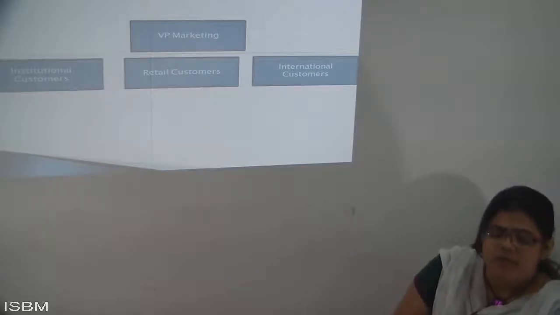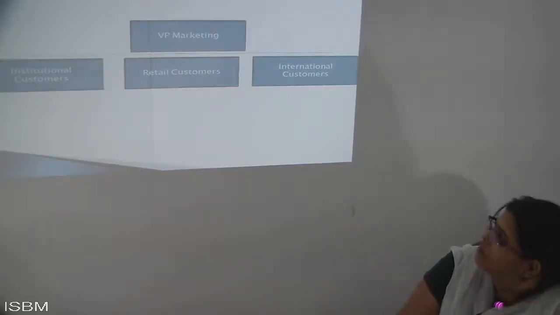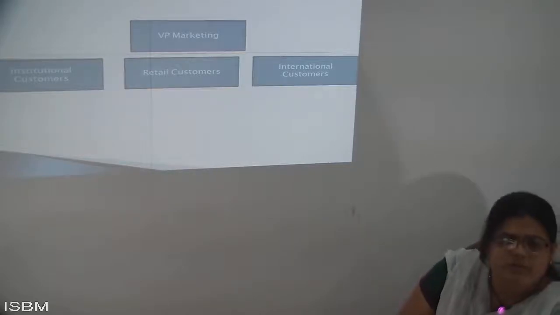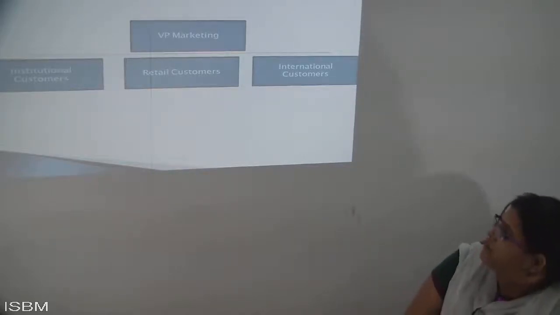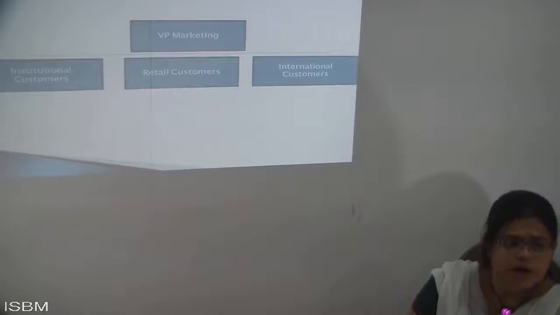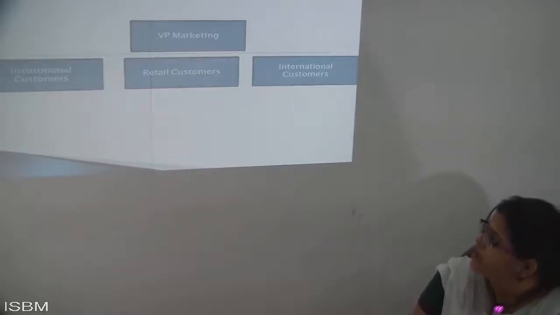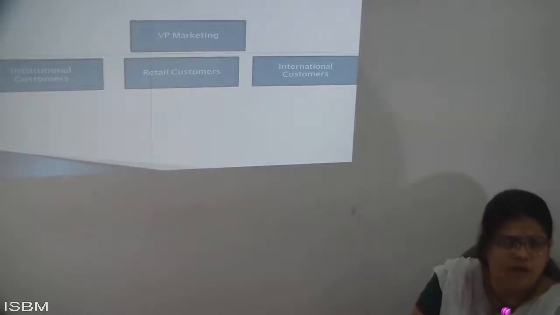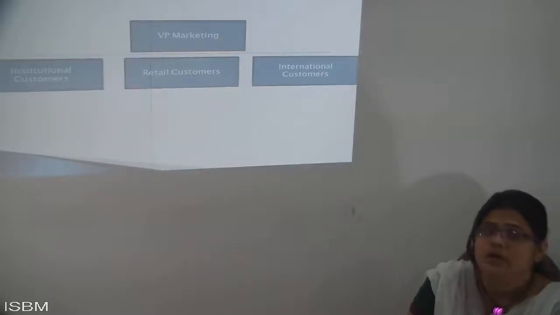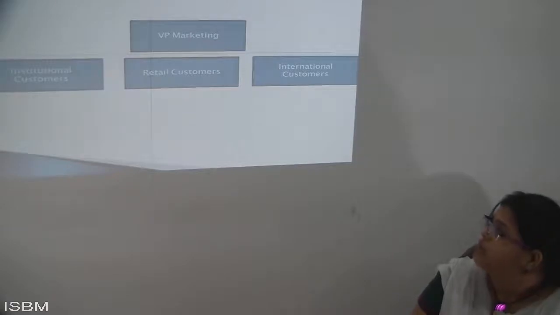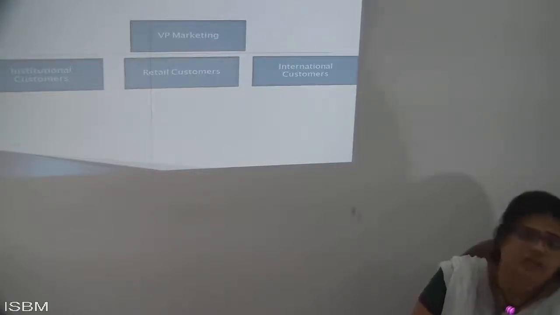Next is departmentation by customers. Here the VP means the vice president of marketing. As if I took marketing first, and second I thought about product, next I need to think about the customers. When performing any kind of departmentation, I need to think about customers. There are three types of customers: institutional customers, retail customers and international customers.